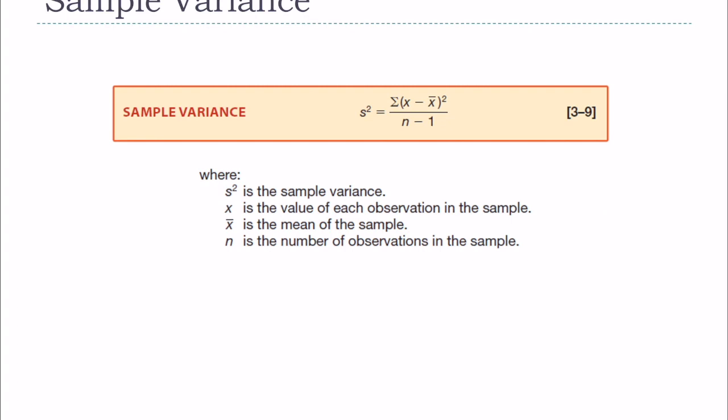Similarly, for a sample within the population, we have another formula here for sample variance. Again, it's really similar, but we're now using the letter S. So S squared represents sample variance, and the one difference is we are taking the number of observations in the sample, but then we subtract a 1 from that.